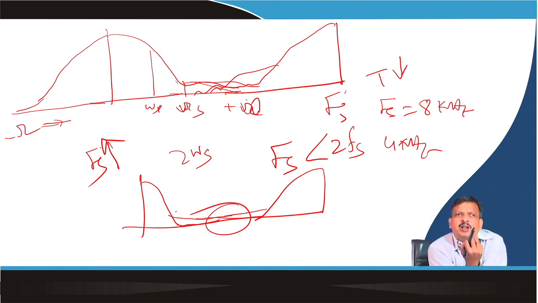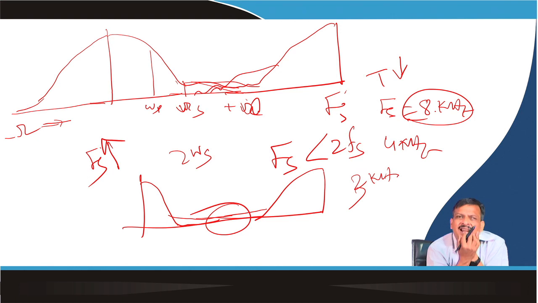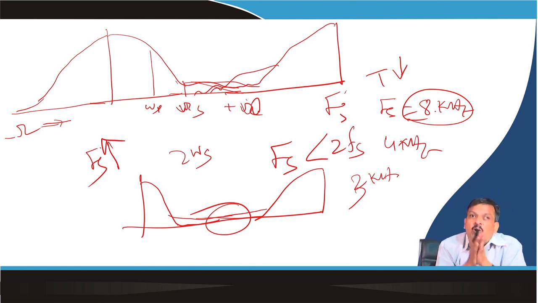So to sufficiently allow for it, I can only design up to 2 to 3 kilohertz low pass filter if the sampling frequency is 8 kilohertz. So in the impulse invariance method, the main problem in designing a low pass filter is that I have to choose the sampling frequency well above, very high. That is the problem.